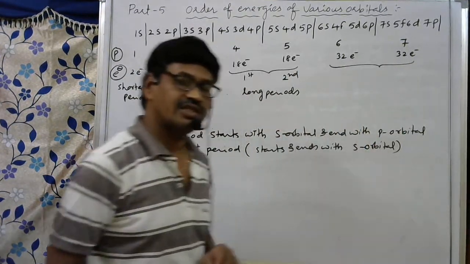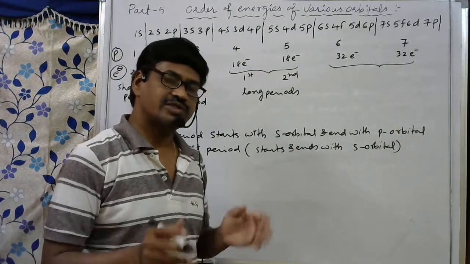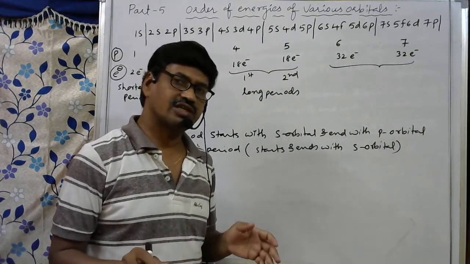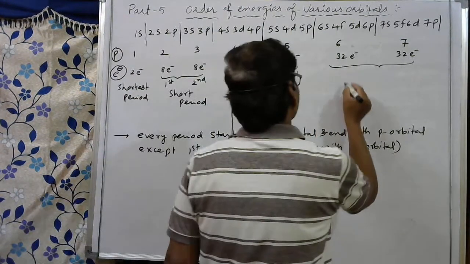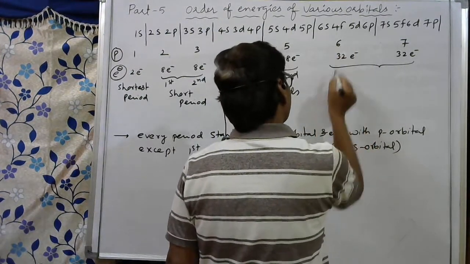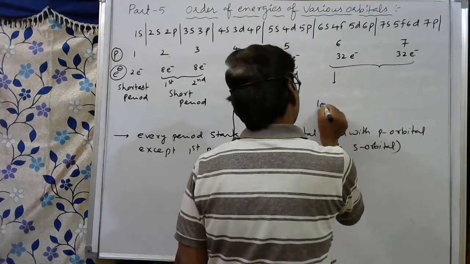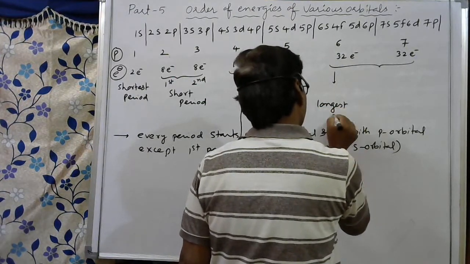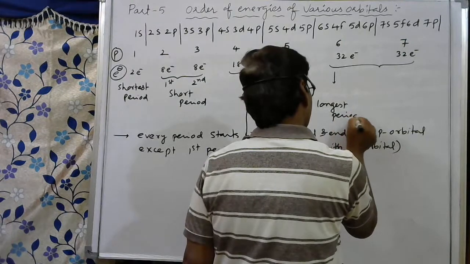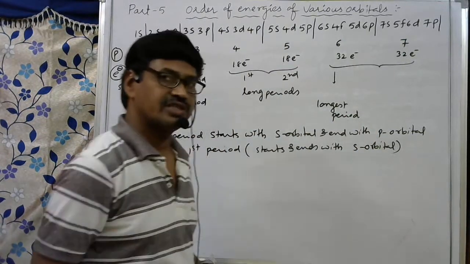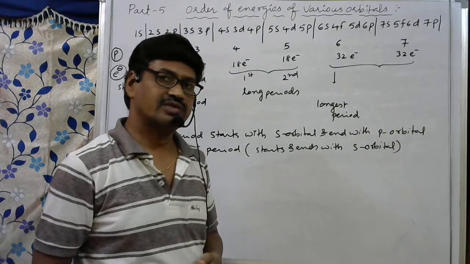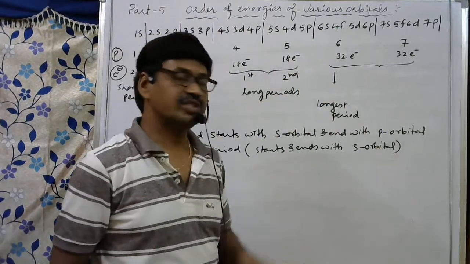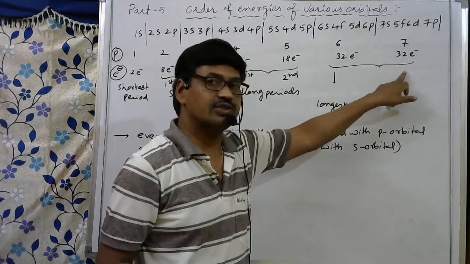Earlier all elements were not discovered, but almost all elements are discovered now, up to 118. So before that we were considering the sixth period as the longest period. But nowadays I think this is not exact, because all elements are discovered even in the seventh period. It is also long like the sixth period, because here also 32 electrons.